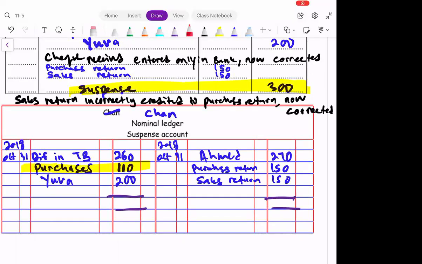My debit, I get 570. My credit also I get 570. So what we did is correct. We have identified all the mistakes and we have done the correction. Understand or not? Done?